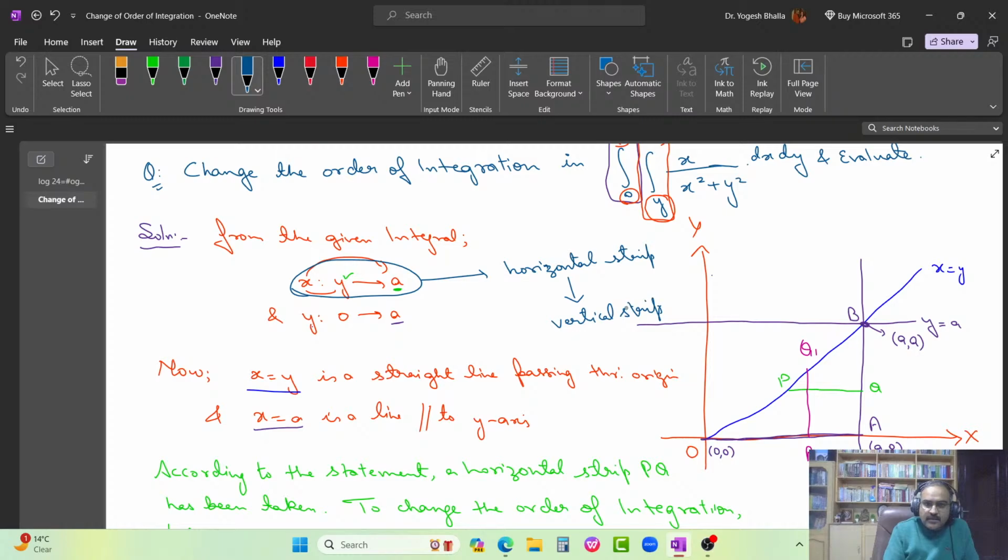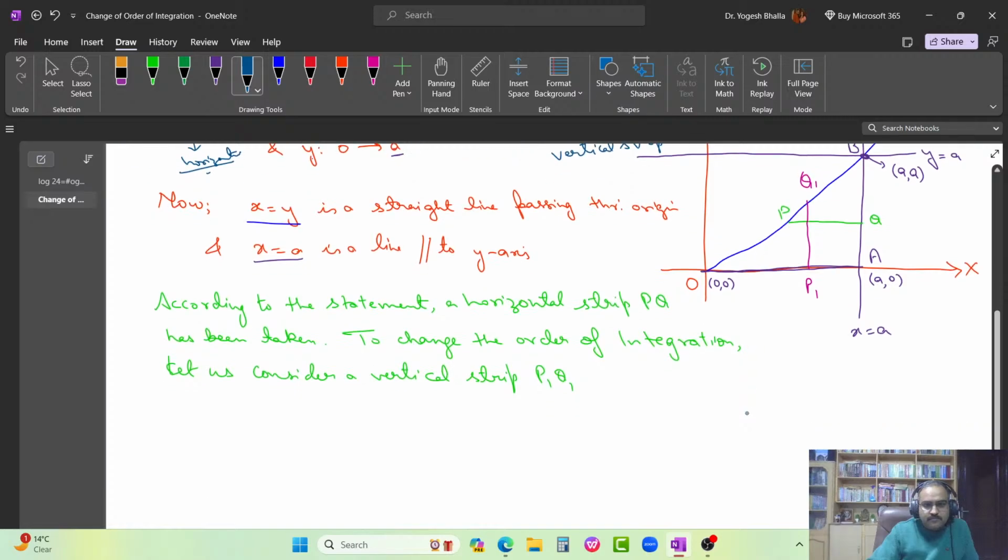But if instead I have been provided with the limits of y varying from x1 to x2, they have taken a vertical strip and I have to change to a horizontal strip.